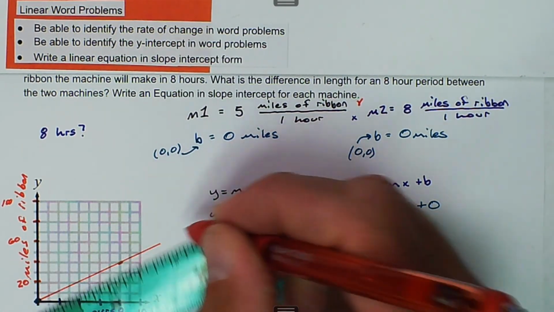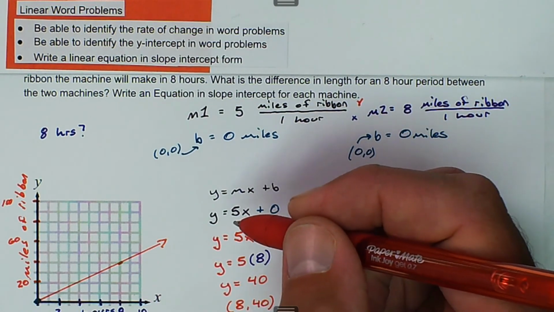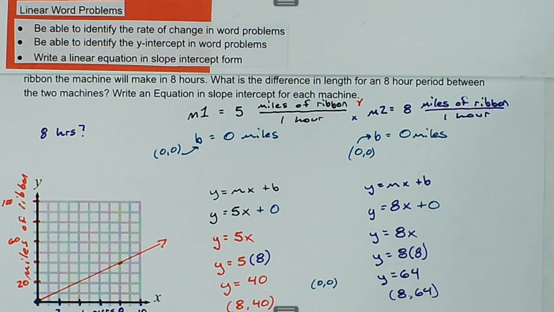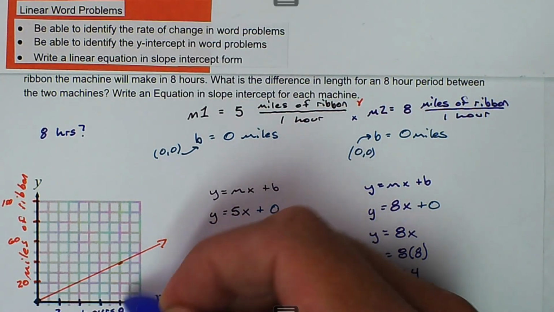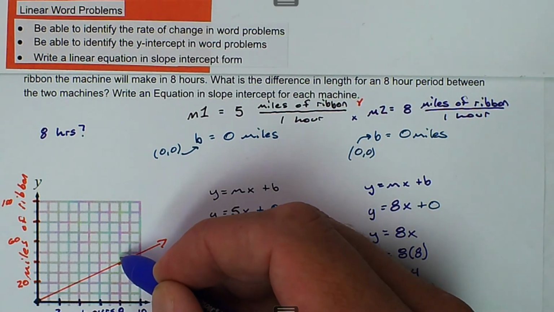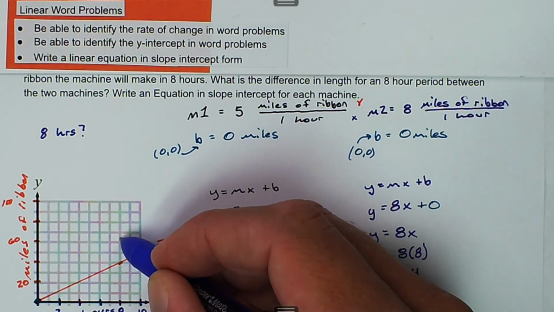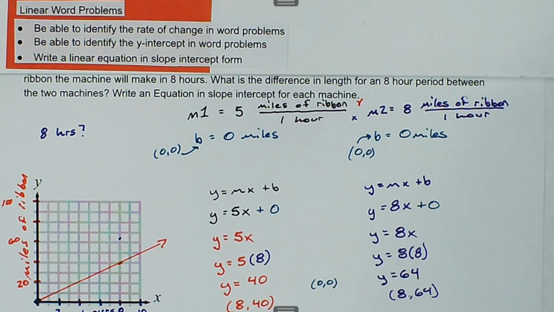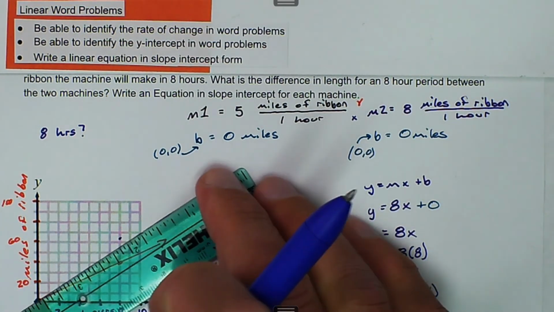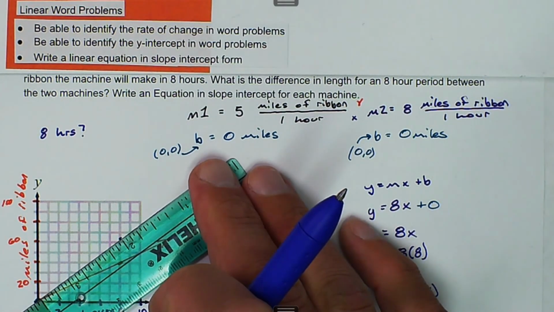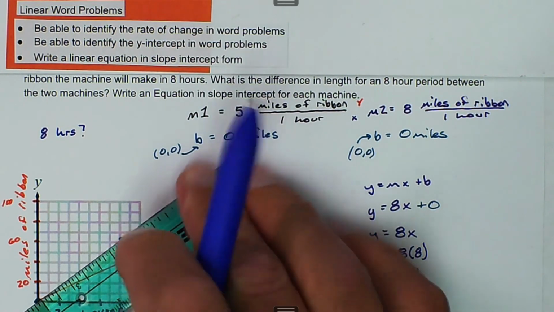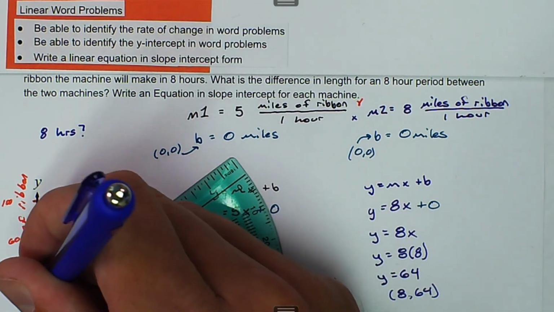So we can draw that and have it go through there. And then if we go to 64, so that's 10, 20, 30, 40, 50, 60, 64. And then we can draw the line that connects the origin to 8, 64.